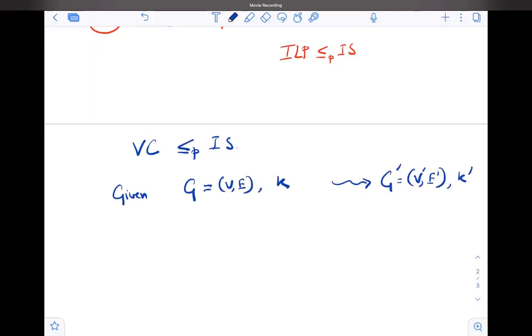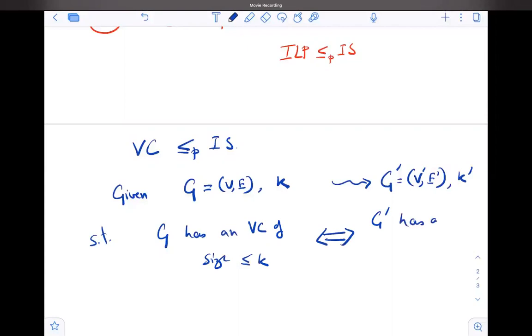Such that, what is it that we want to say? That G has a vertex cover of size less than or equal to K, if and only if G prime has an independent set of size bigger than or equal to K prime.